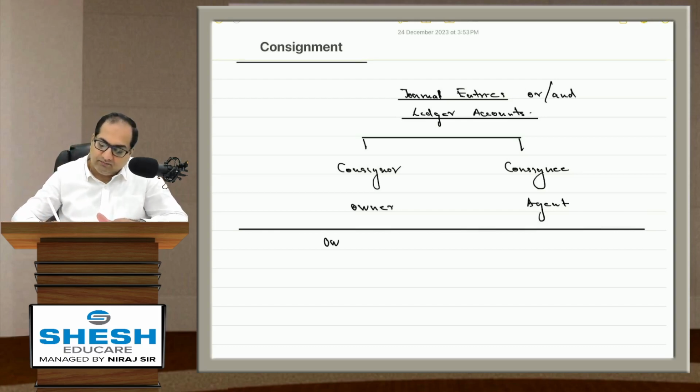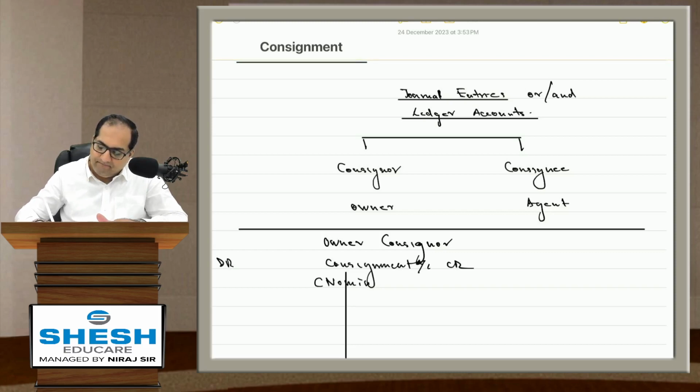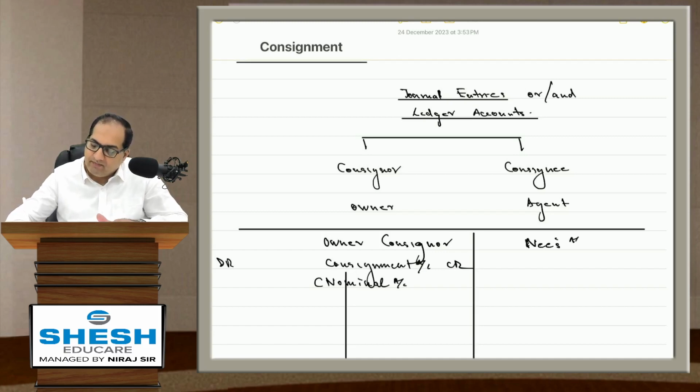Yes, the owner, that is Mr. Consignor, will prepare 100% the consignment account, which is a nominal account. He will also prepare the consignee's account, which is the agent's account, and also the goods sent on consignment account.